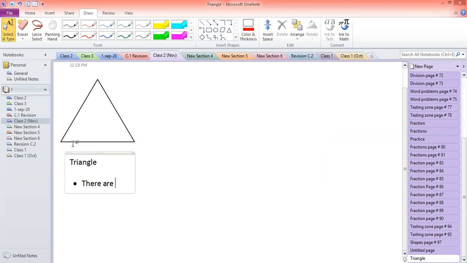Look here, guys. This is the first side. This is one. The next one is this.